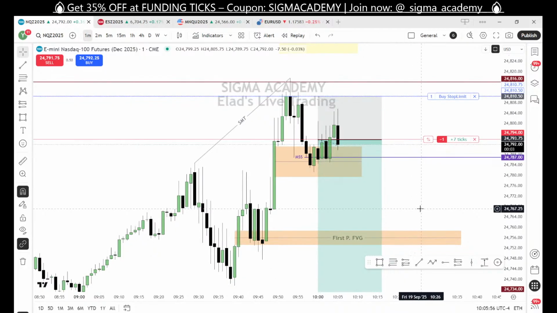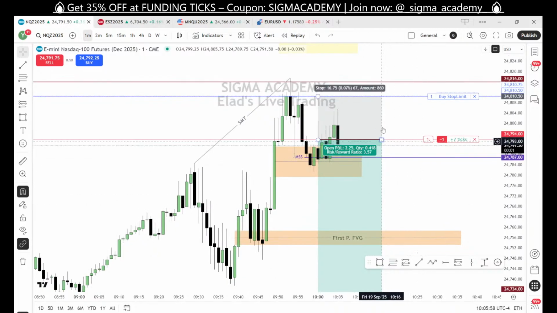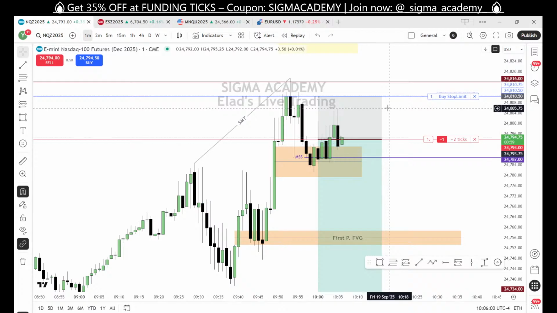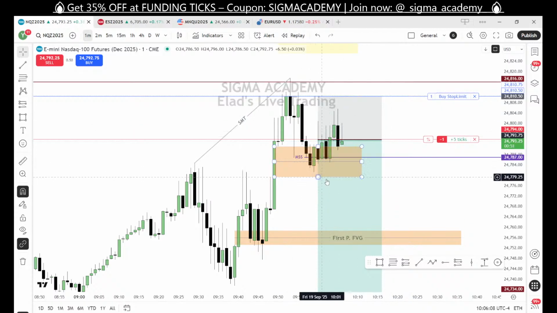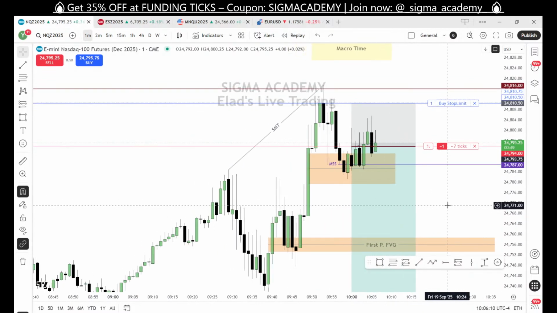We are on a winning trade for now. I move my stop loss to right here because it should not go this high. Wait. After we break those lows, but for now it's a little bit risky.